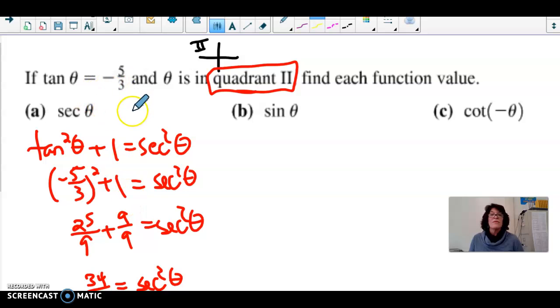Now, some of you are still thinking in the y and x world, right? And you might say, I'm trying to find secant. I'm afraid that you'll forget about the r part.